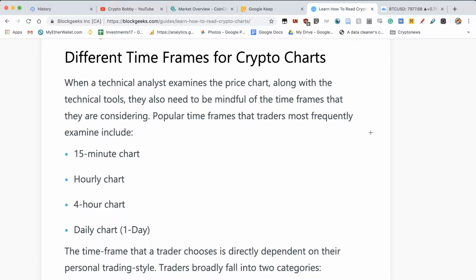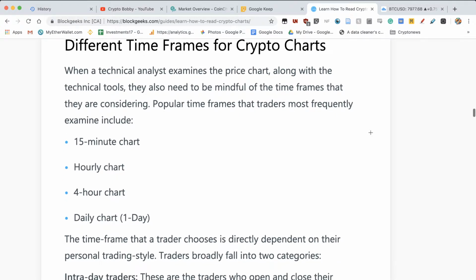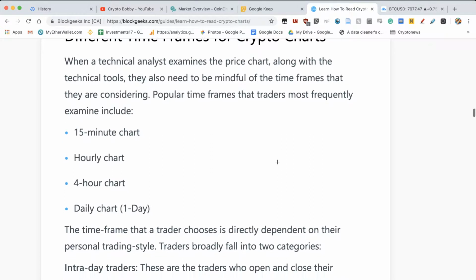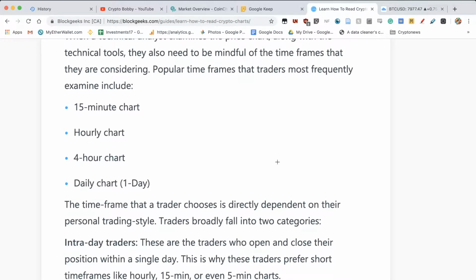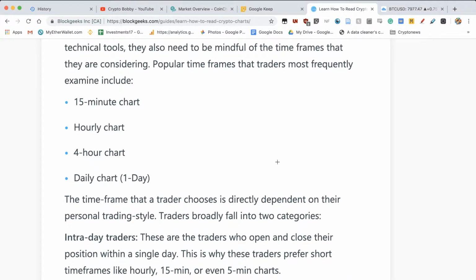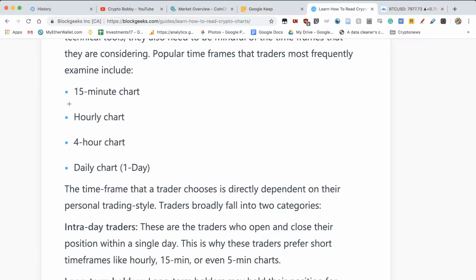When a technical analyst examines the price chart along with the technical tools, they also have to be mindful of the time frames. In my opinion, I don't look at the 1 minute charts because they're much too fast. The most frequent ones to use are the 15 minute chart, the hourly chart, the 4-hour chart, and the daily chart to see long-term trends.